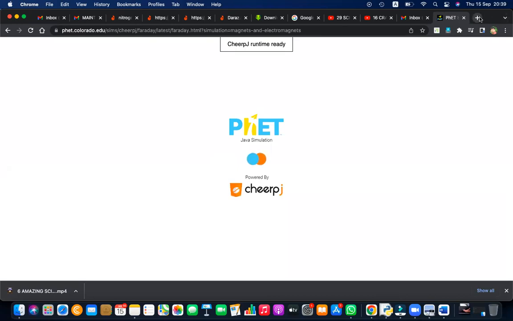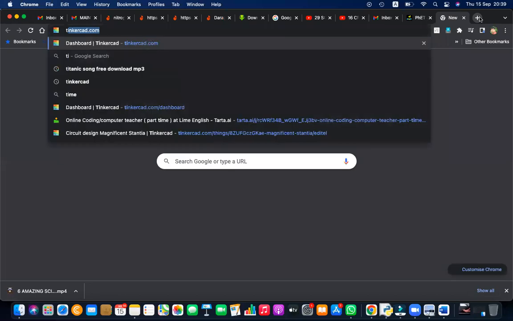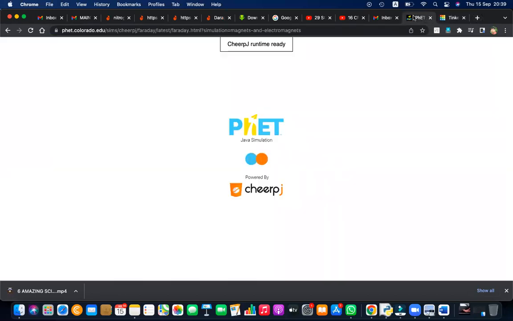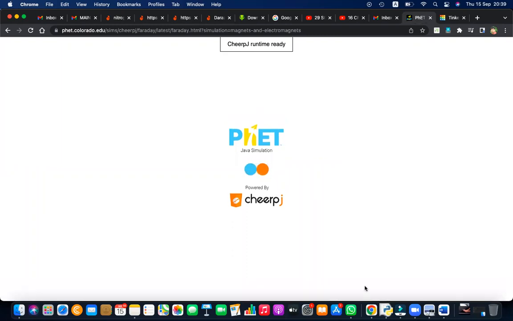On the other hand, you can try with Tinkercad. I'm not sure whether Tinkercad provides this coil, but let's see. Meanwhile, it loads, let me tell you what is happening there.